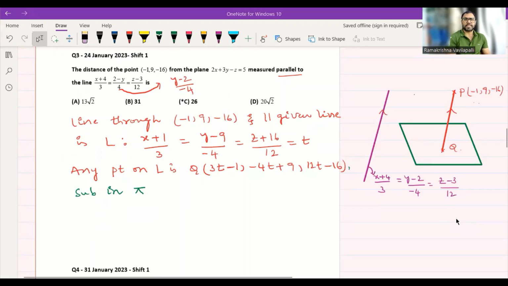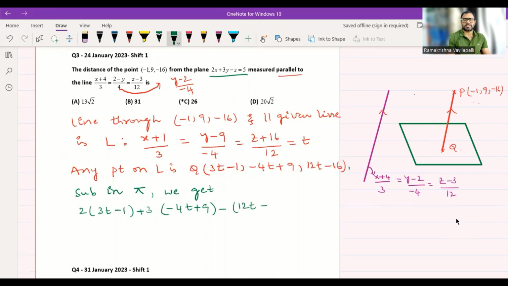So substituting in the given plane, we get 2 into (3t minus 1) plus 3 into (minus 4t plus 9) minus of (12t minus 16) equal to 5.